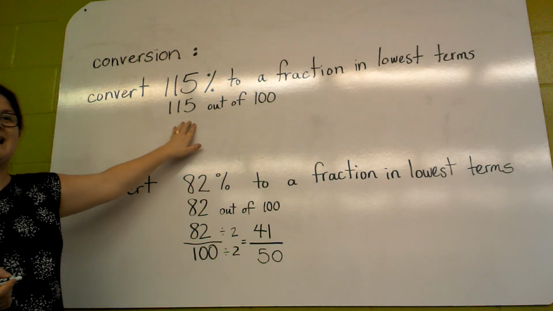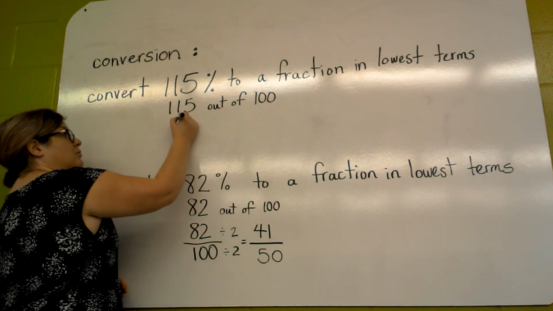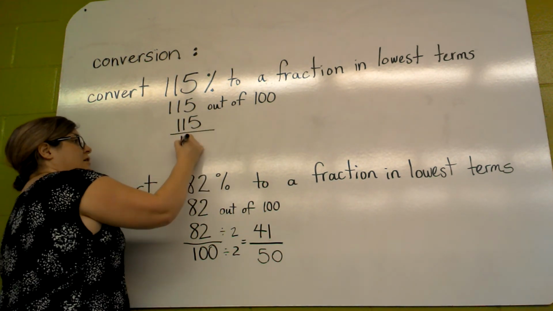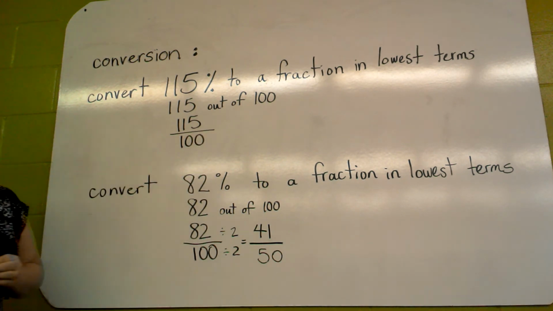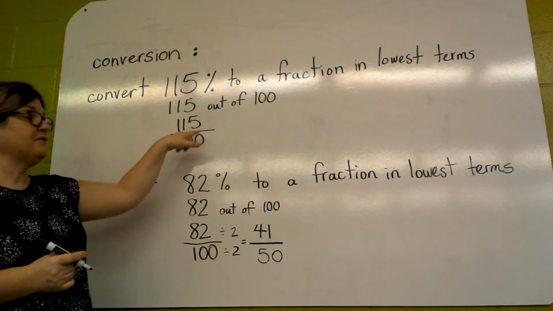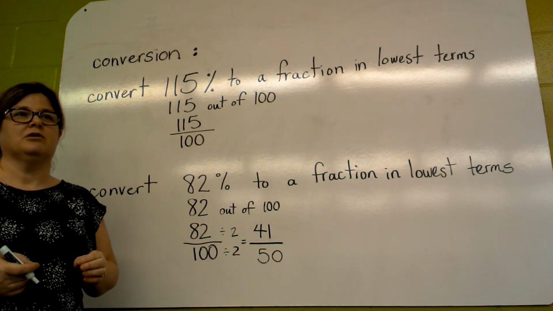Okay, what did we do last time? We took our number and we wrote it over 100. Now there's two different ways you can approach this one. We can go the other way that we did, dividing until we can't divide anymore. Or right away, we're going to make this smaller.